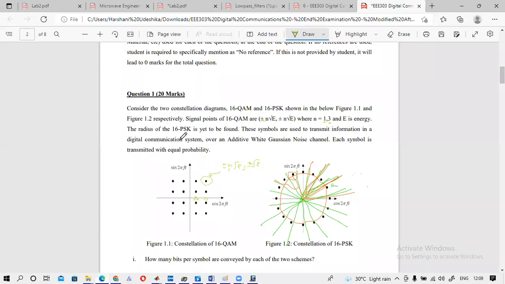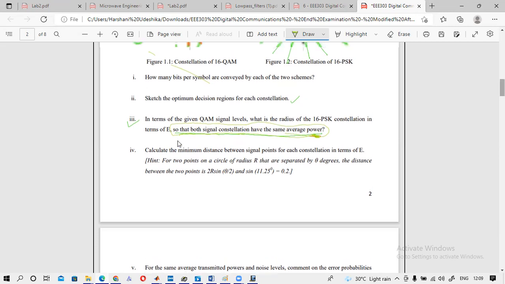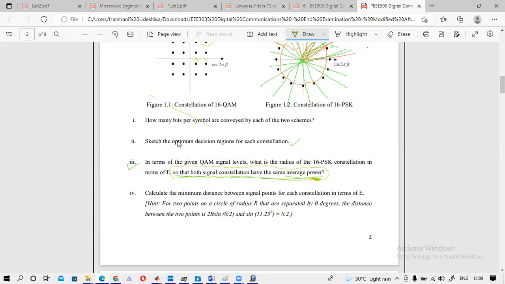But in your question, it is given here, so both signal constellations have the same average power. So I equal it, actually, because it is given. So this is the condition to find the radius of this circle through E. Is that clear?